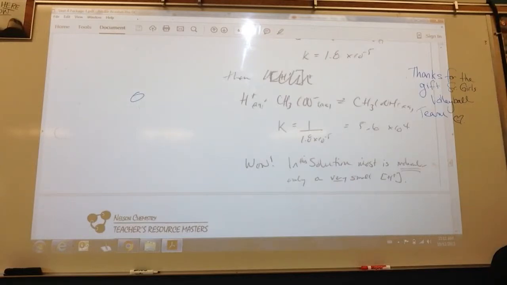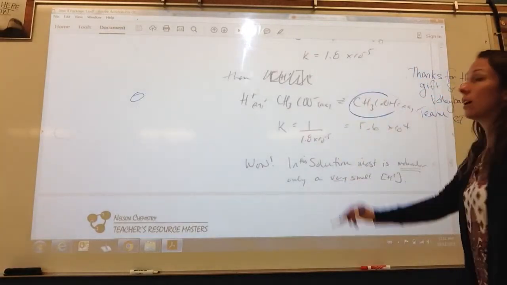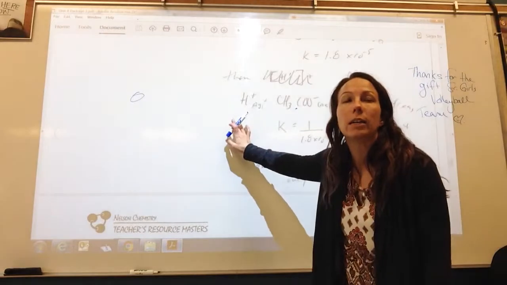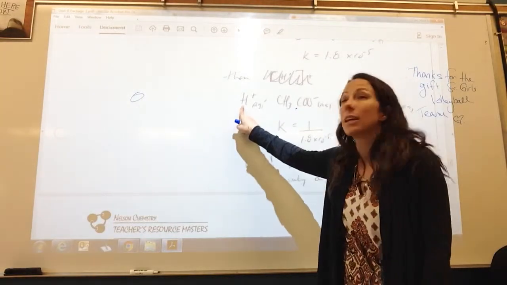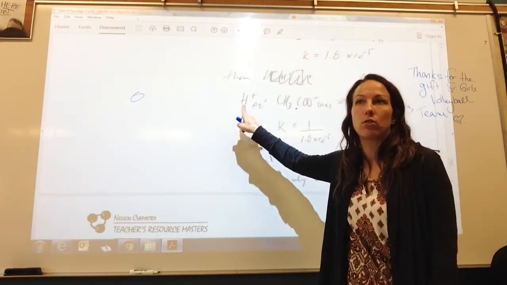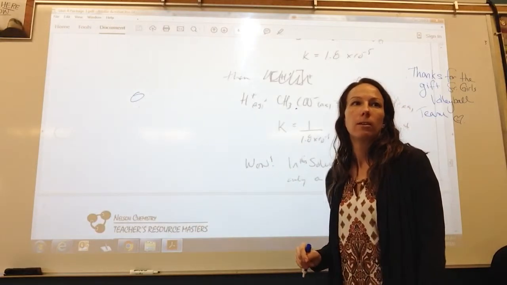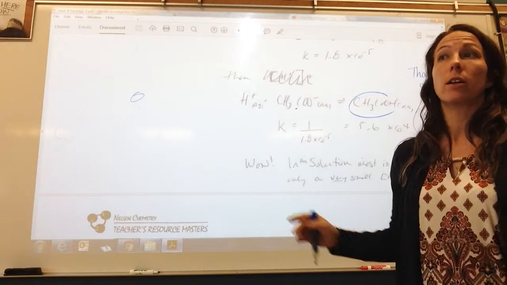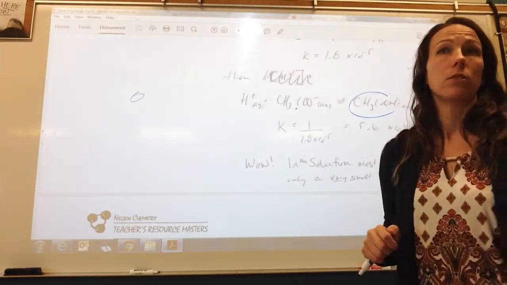In vinegar, in ethanoic acid, most of it stays, and very little of it goes this way, and that's why it's such a weak acid, because you only get a tiny bit of concentration of H+. And that's a whole big chapter in this unit. It's talking about weak acids.